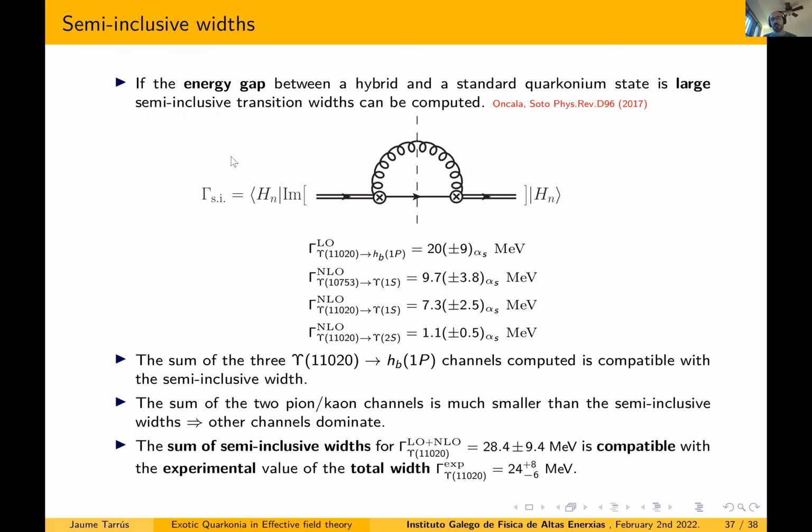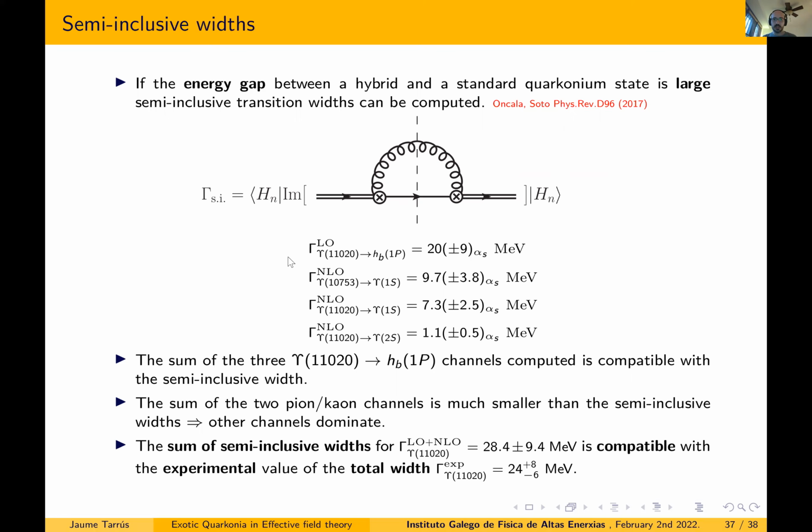This allows the computation of the width as the expected value of the imaginary part of this diagram here. There are only these 4 transitions in which this can be done. And these are the results we obtained.